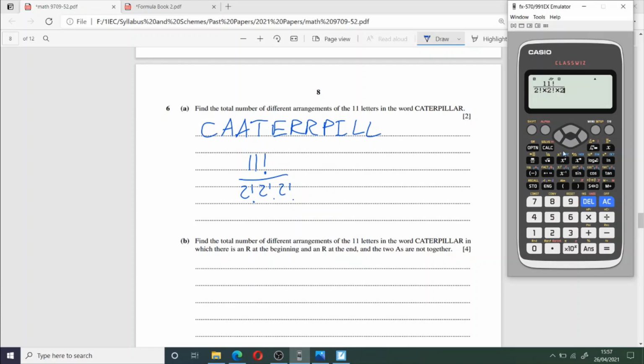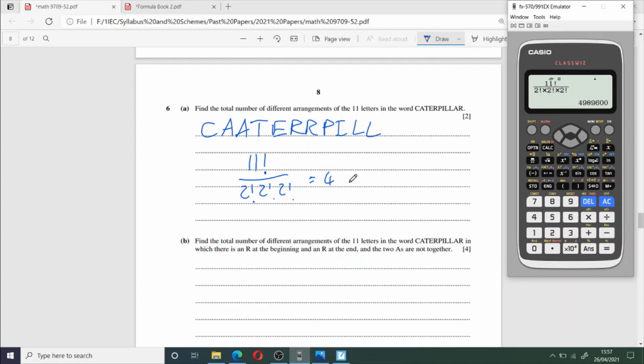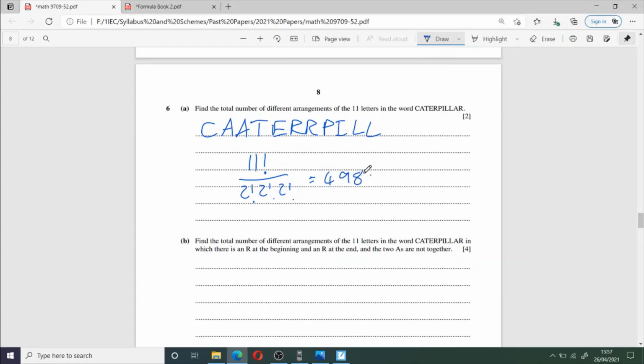I am aware that is just equal to 2, but never mind. 4,989,600 sounds like a very big number.